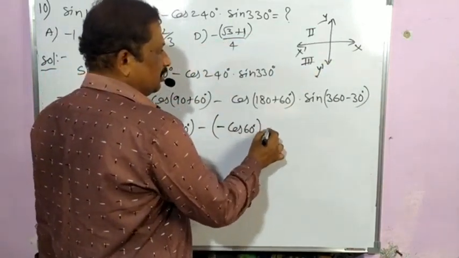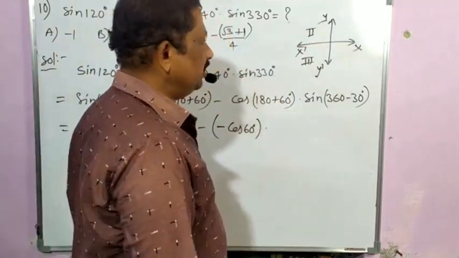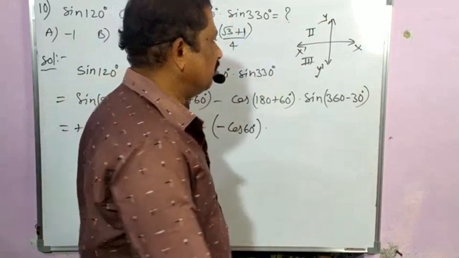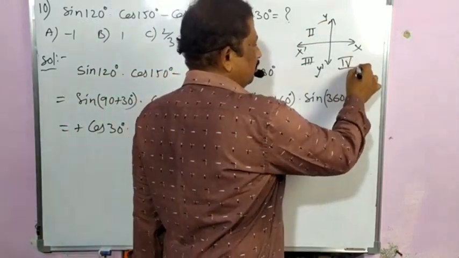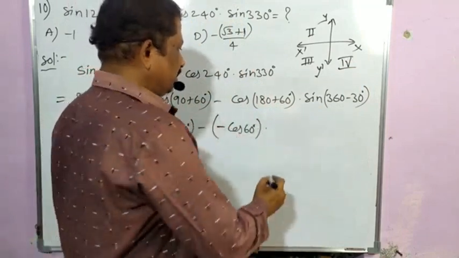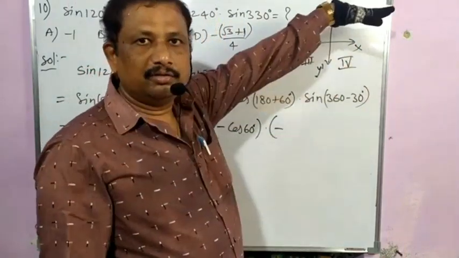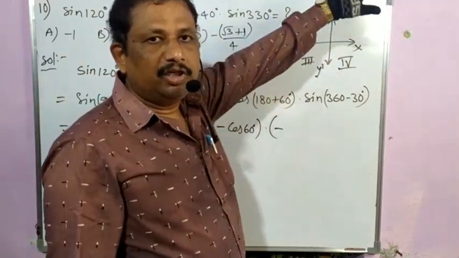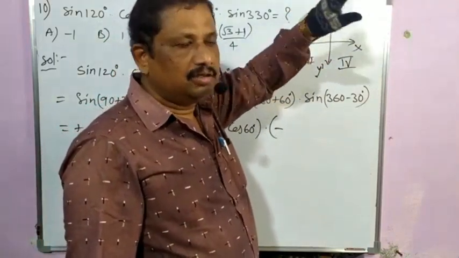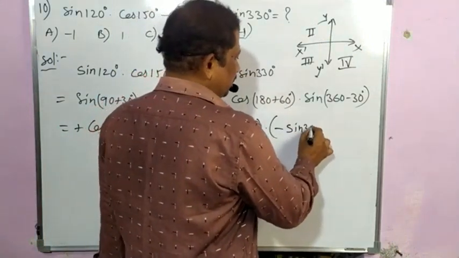Next, sine 360 minus theta falls in the fourth quadrant, where sine is not positive, only cos and secant, so minus will come. The ratio does not change because it operates on the x-axis. Whenever the trigonometric ratios operate on the x-axis, the ratios do not change. So sine 30 degrees.